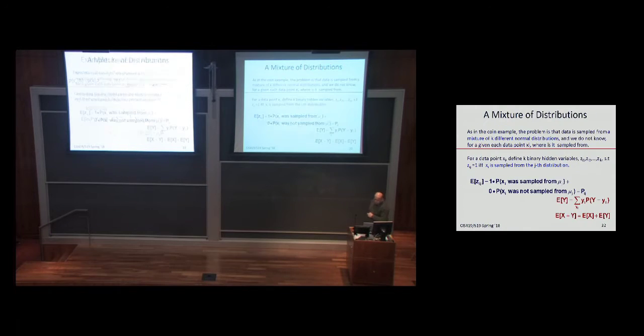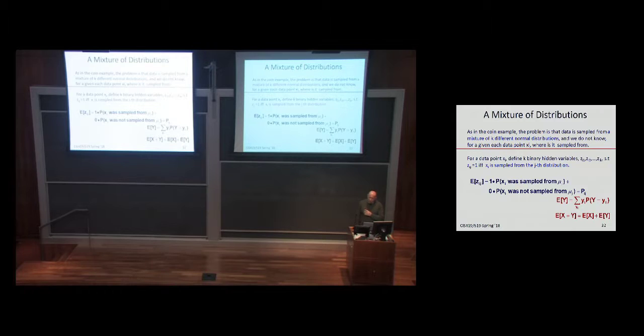Okay, so notation. I'm going to invent k variables, one for each data point. For each data point, I'm going to invent k variables. That's the right way to say it. zi1 up to zik, such that zij is 1 if and only if xi came from the jth distribution.